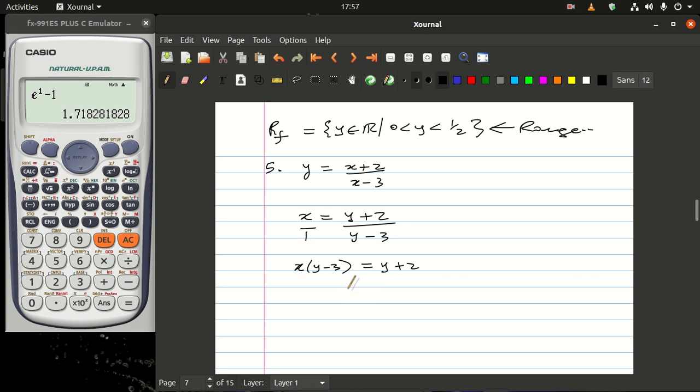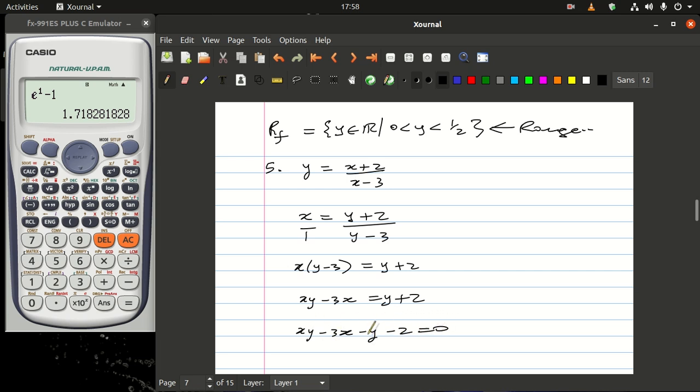And then when you proceed with this, you find that we have xy minus 3x, and then I leave this as it is. Then since I have this nice thing this side, I want to bring everything to the left, so I have xy minus 3x. This is jumping the equal sign, so it is going to change its sign. Minus 2 is equal to 0.